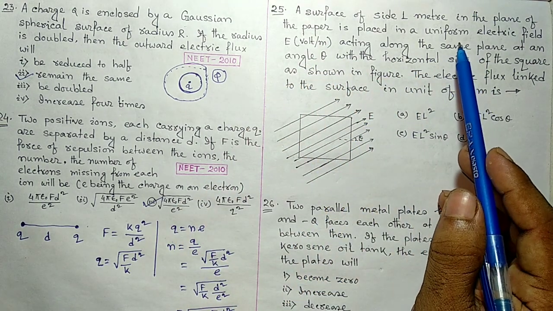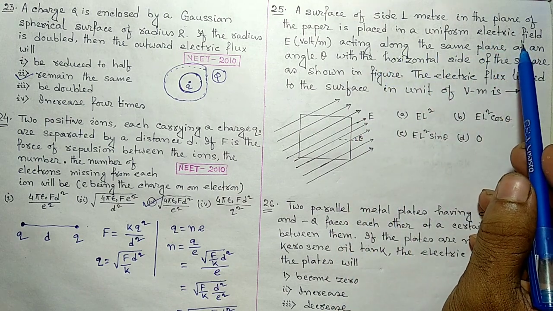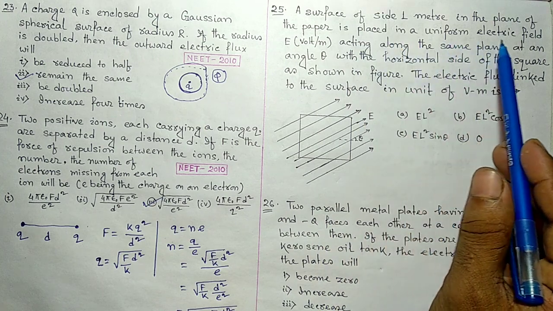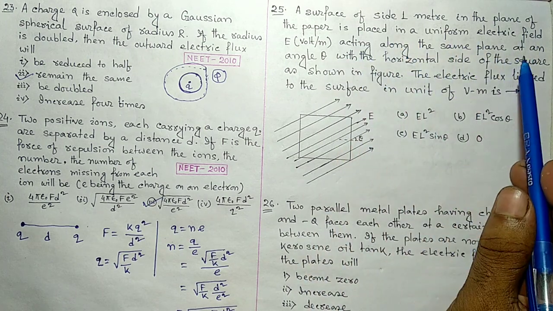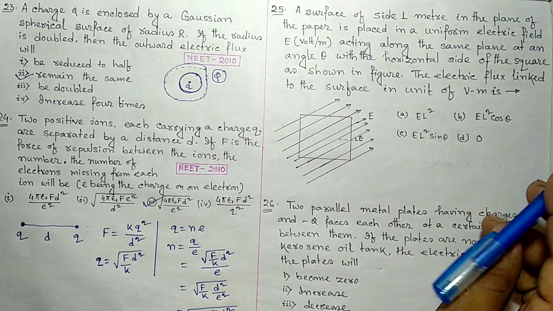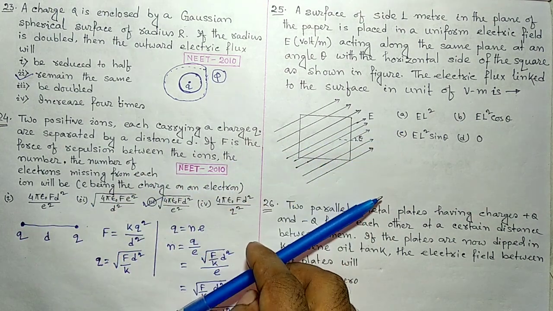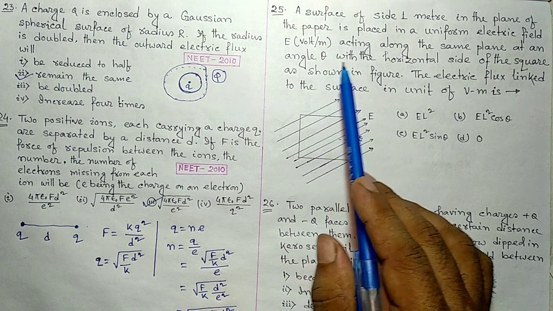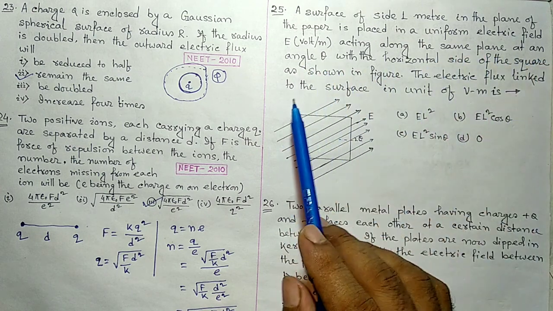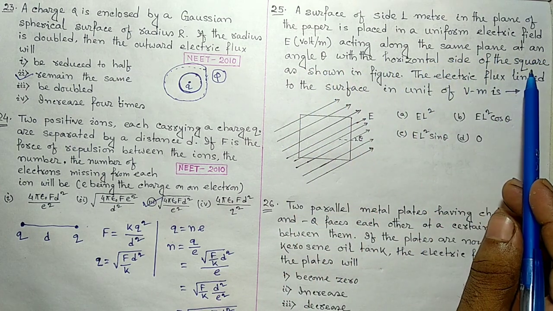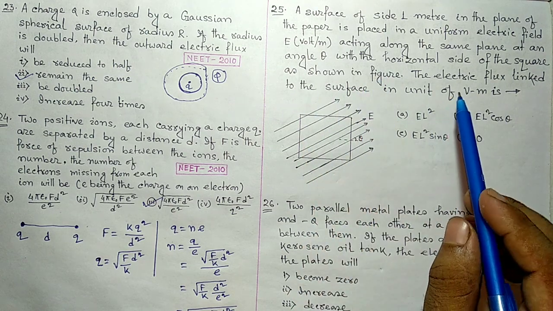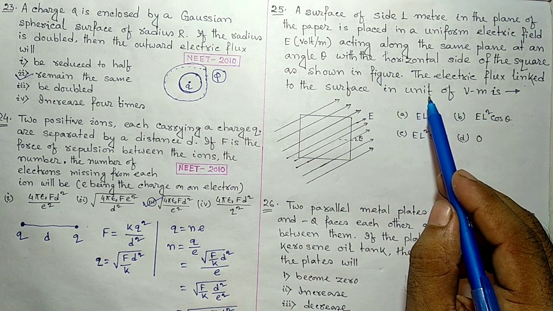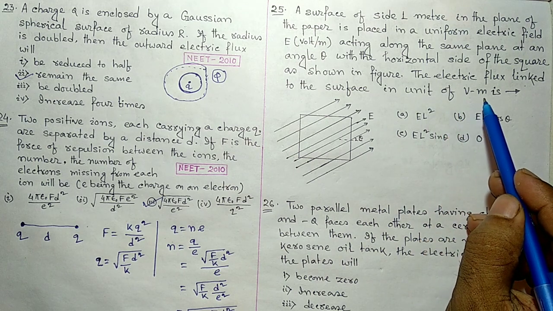Now the uniform electric field is acting in the same plane, at an angle theta with the horizontal side of the square as shown in the figure. The electric flux linked to the surface in units of volt meter is?